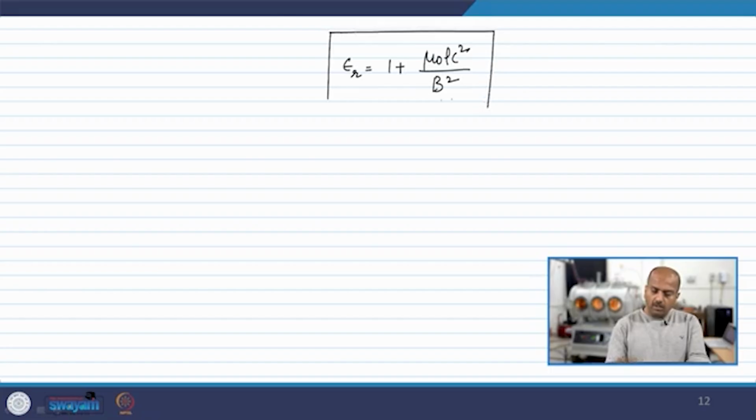So, this constant, epsilon r, is called the low frequency plasma dielectric constant.